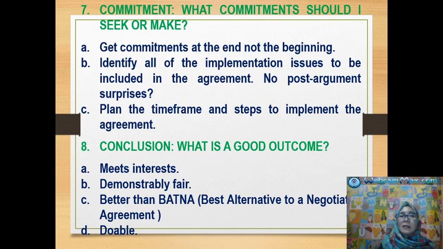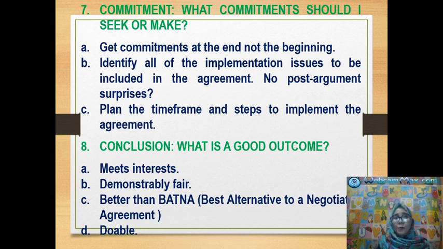7. Commitment. What commitment should I seek or make? A. Get commitment at the end, not the beginning. B. Identify all of the implementation issues to be included in the agreement.